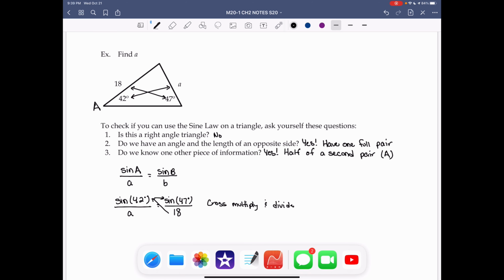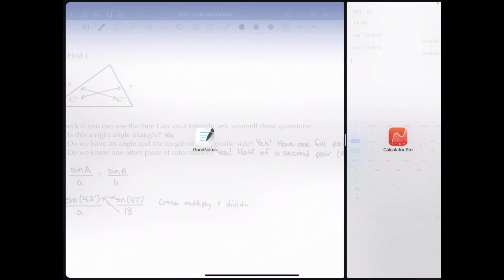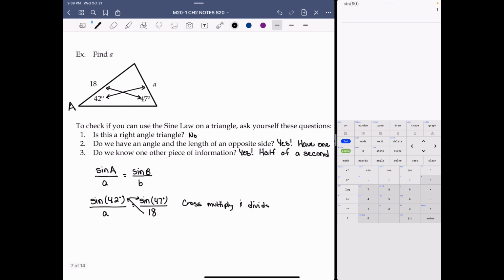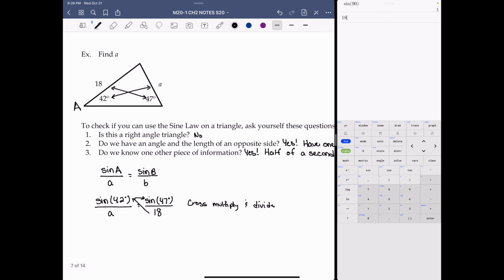Let's bring up our calculator. Check to make sure we're in degree mode. Sine 90 should equal 1. It does, so we're in degree mode. I want 18 times sine 42. Get out of the sine 42 and then divide by sine 47.